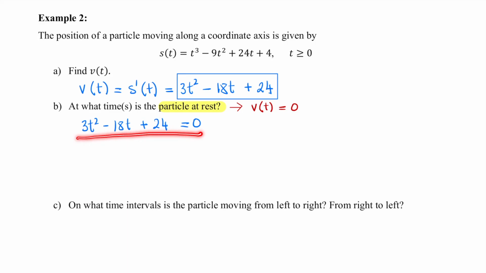When we have a quadratic equation, we can solve it by factoring or by using the quadratic formula. If the expression is factorable, it is much faster to solve by factoring. So we will try to factor this expression. First, we can factor out a 3.